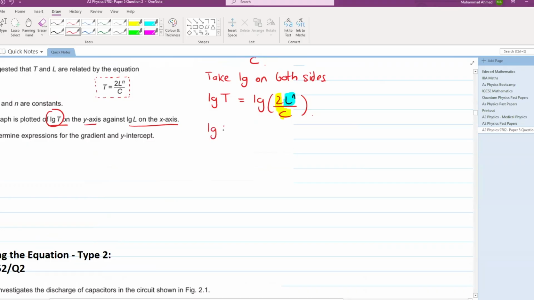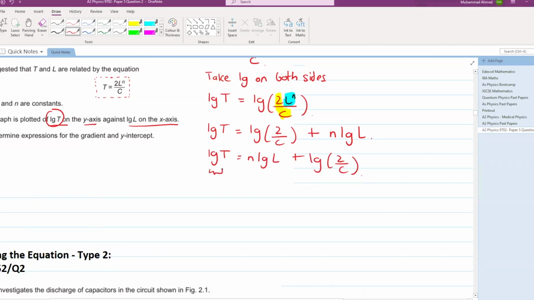This will become lg T is equal to lg 2 over C plus n lg L. Simple. Let's rearrange the equation further. lg T is equal to n lg L plus lg 2 over C.